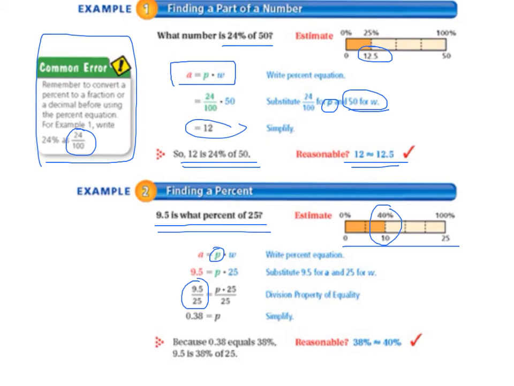So 9.5 divided by 25 equals P, so we simplify and that becomes 0.38. So that's going to be 38% because 0.38 equals 38%, so 9.5 is 38% of 25. Is that close to 40%? Yes, it is.